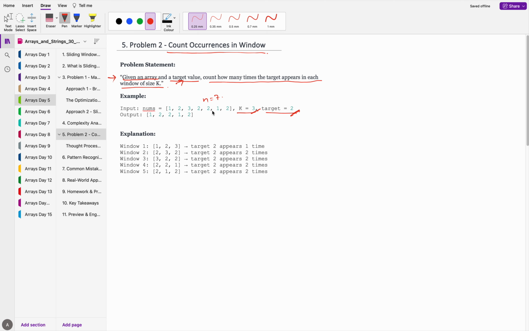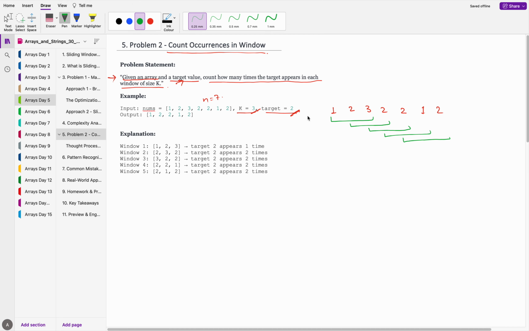So what would the output be? Given the array and k equals 3 as the window size, how many such windows are going to be there? One window, two, three, four, and five windows only.